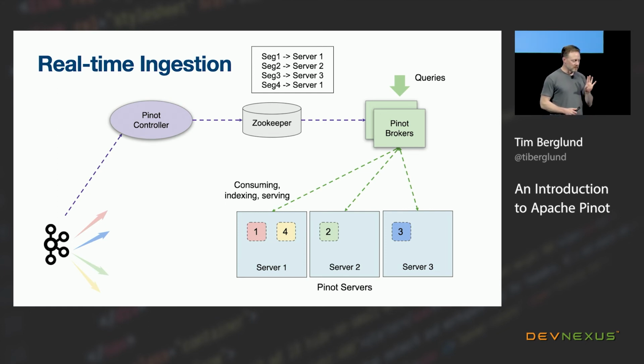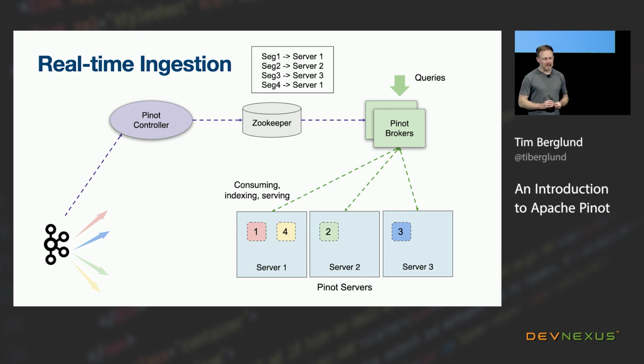This is pictured Kafka-aware ingestion, and the Pinot Kafka integration is, I'd say, particularly tight. To ingest data into Pinot, if you know Kafka, you don't use Kafka Connect. That would be the traditional way of getting data from Kafka into a database. Kafka Connect is like the right way to do that.